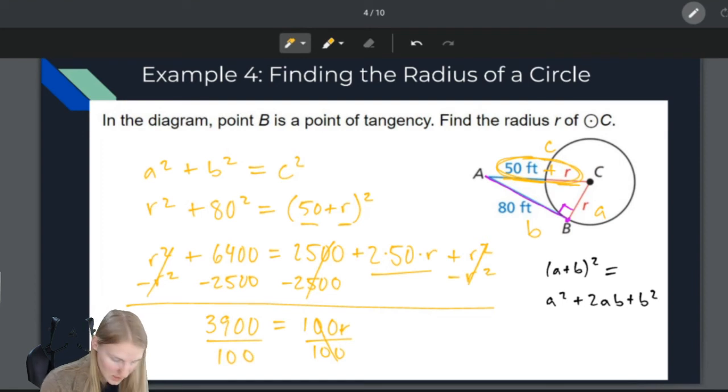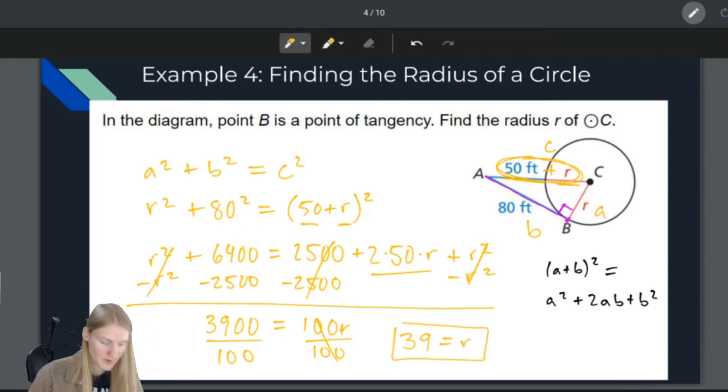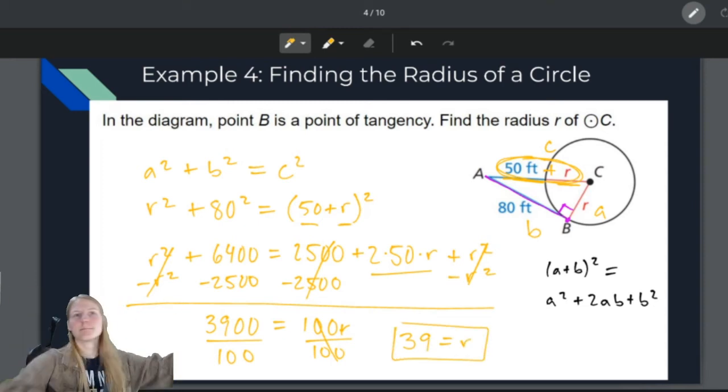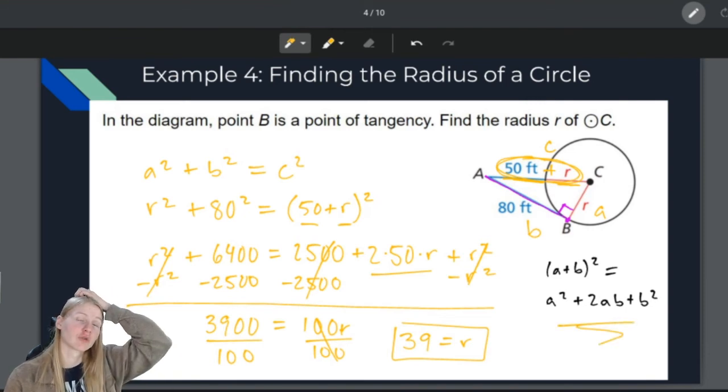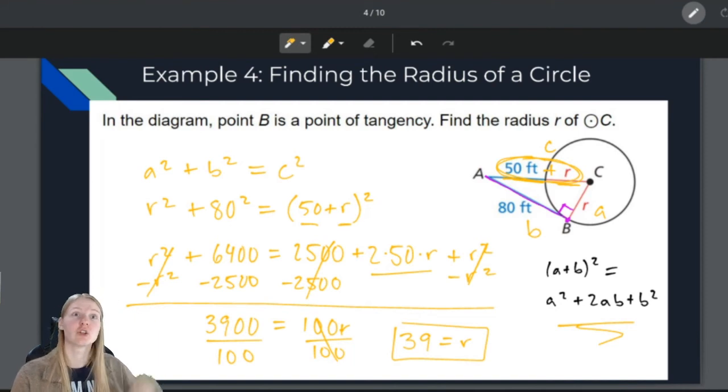And we get that 39 equals R. Bada bing, bada boom. Again, if you have questions about this part, there will be a link to that algebra video in the description of this video.